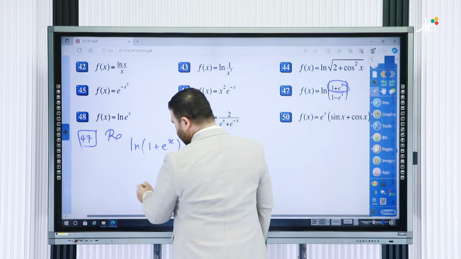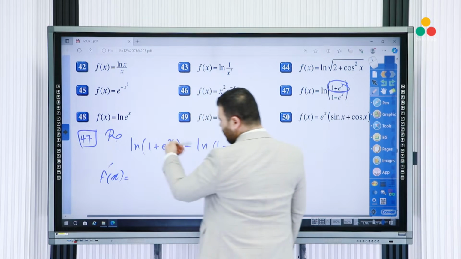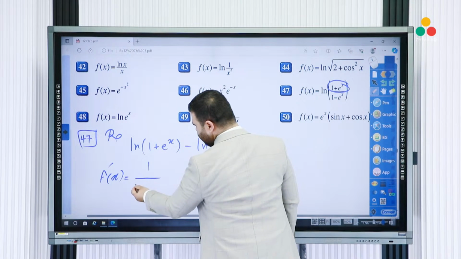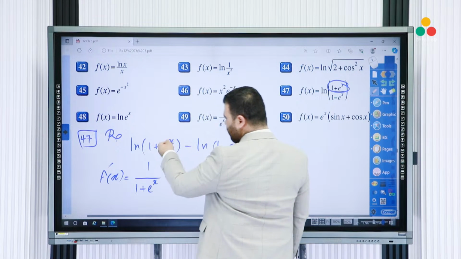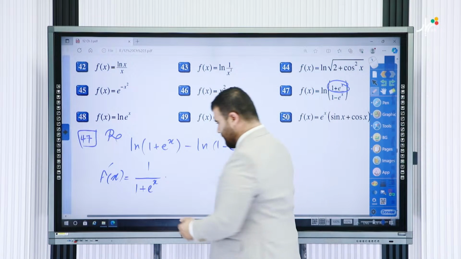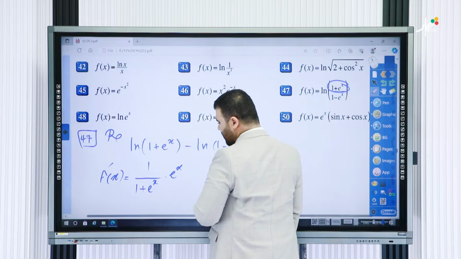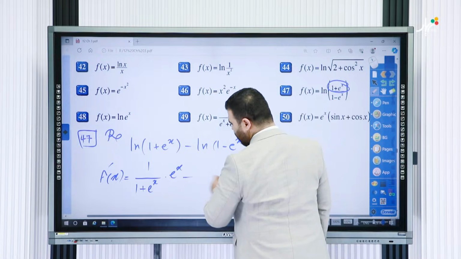Derivative of this part, now it's f prime. Derivative of this part is 1 over 1 plus e^x times the derivative of this part. Derivative of 1 is 0, derivative of e^x is e^x, times the derivative of the power, 1, which will not change anything.